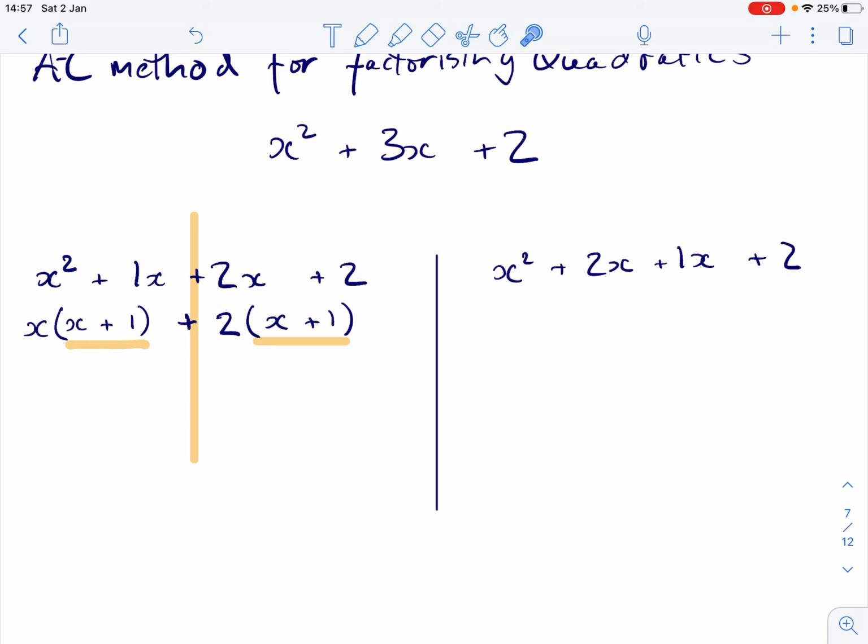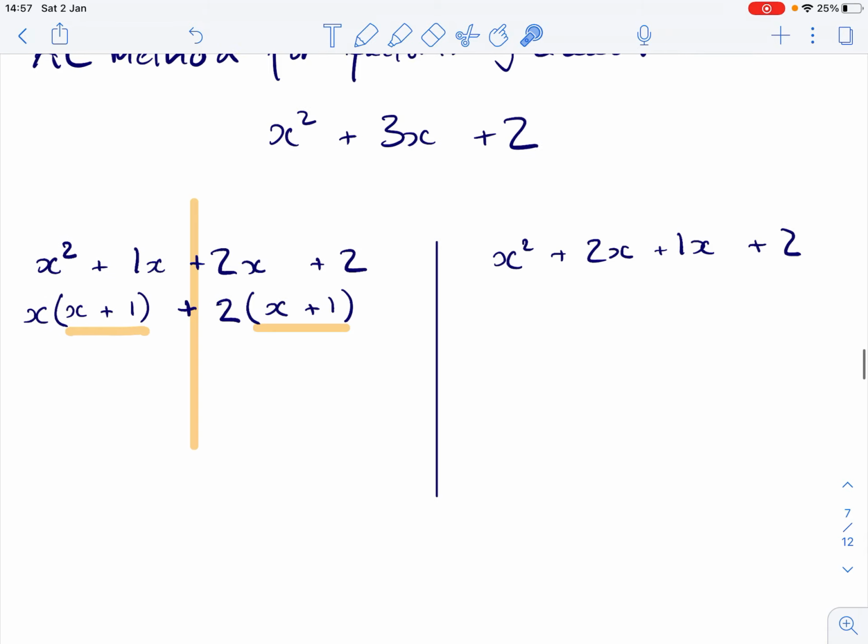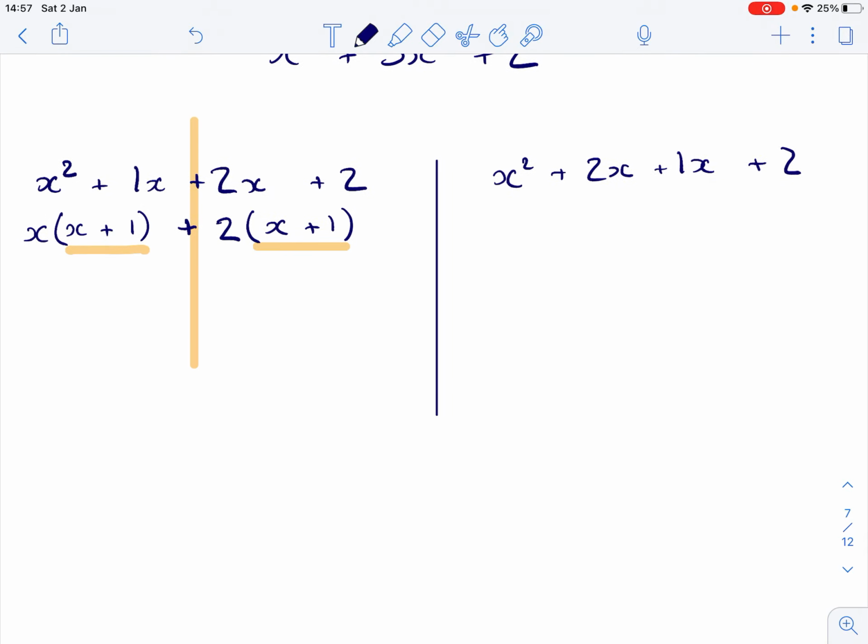Now, the way I'm going to explain this is if we had x times a plus 2 times a. Do we see that a is a common factor here? If I wanted to, I could factorise this expression as a times x plus 2. Now, in this particular case, our a is actually our bracket. x isn't multiplying a, it's multiplying x plus 1.